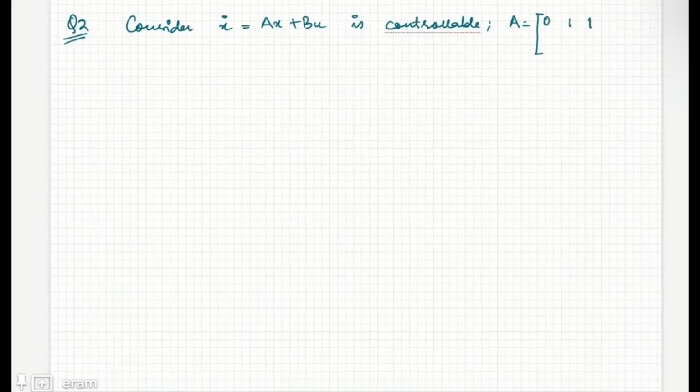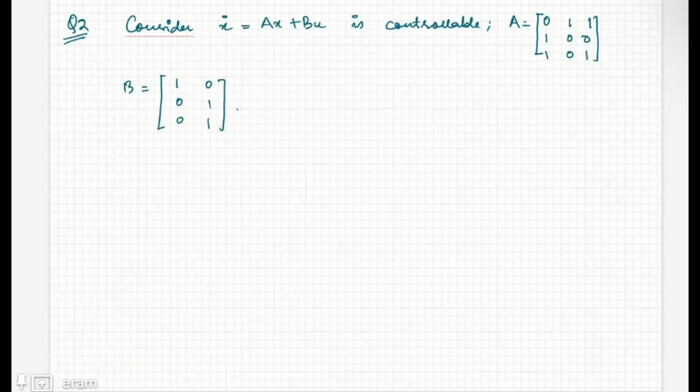Now, like before, consider that the system x dot equals Ax plus Bu is controllable, where A is 0, 1, 1; 1, 0, 0; and 1, 0, 1. B is given as 1, 0; 0, 0; 1, 1.